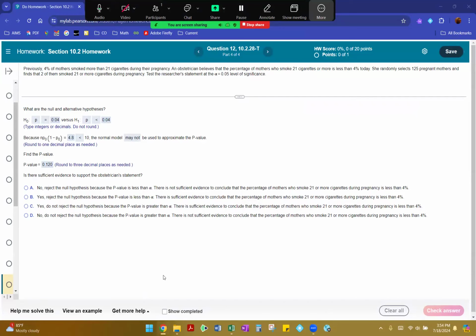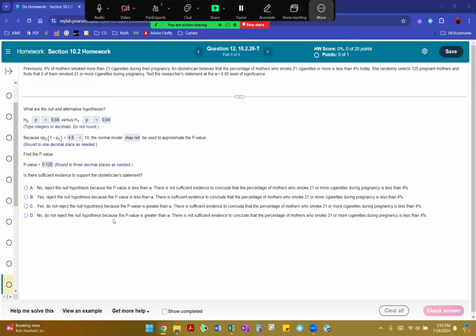I think I did say that incorrectly. If your p-value is less than alpha, that is when we reject the null hypothesis. But in this case, you can see our p-value is greater than alpha, the level of significance. Of course, we cannot reject the null hypothesis. So we will be saying, do not reject the null hypothesis.